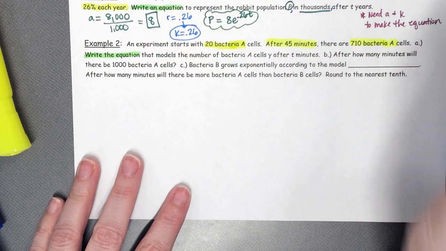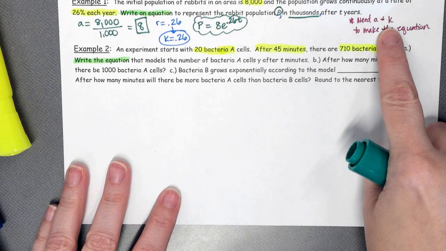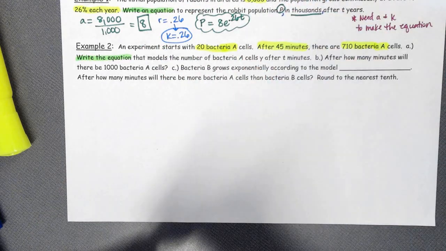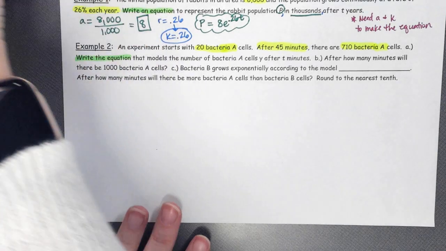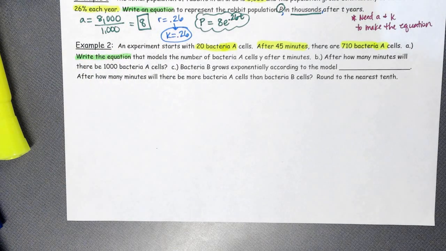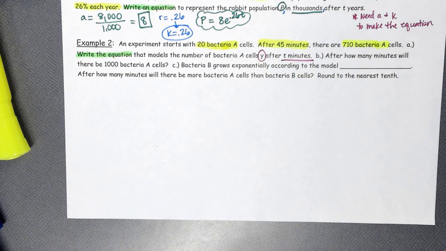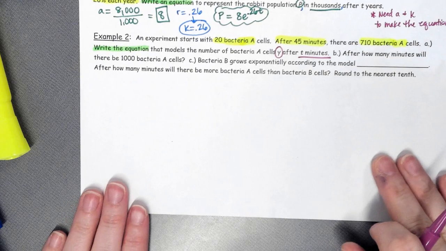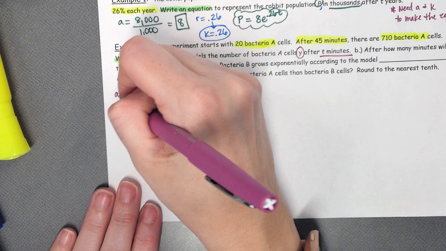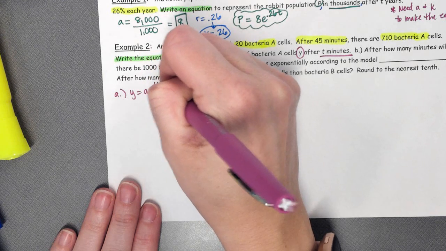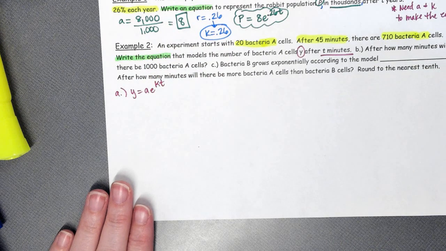So when it says to write the equation that models the number of bacteria, we are going to have to make sure we know the initial value and the constant. So this says the number of bacteria cells Y after t minutes. Alright, so then looking at our model, we're going to plug in our values.